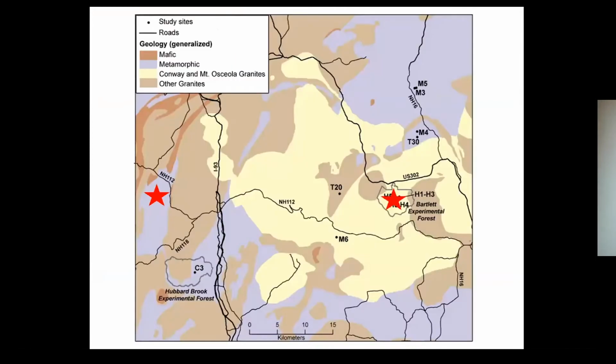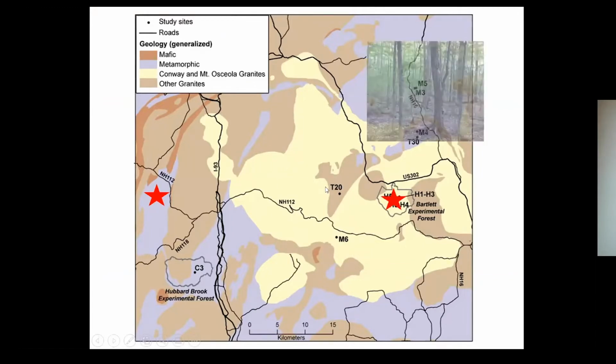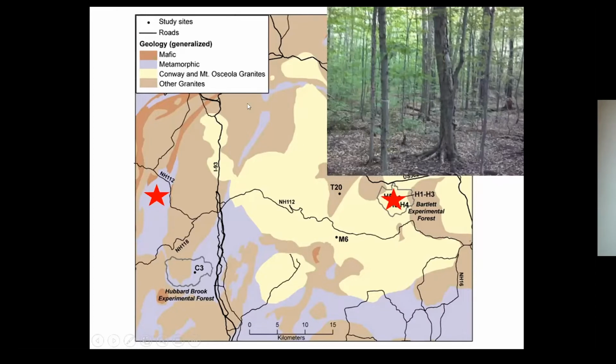Here's just an example of this. This is from some research plots that I've worked on in my graduate days up in New Hampshire, looking at two different types of soils, where we have the Bartlett Experimental Forest over here, which is on a granite bedrock, which is typically lower in nutrients, especially calcium. And here's a picture within those forests, which are still healthy, nice looking forests.